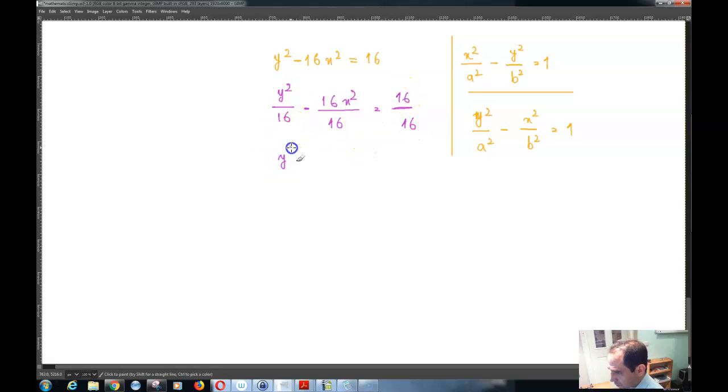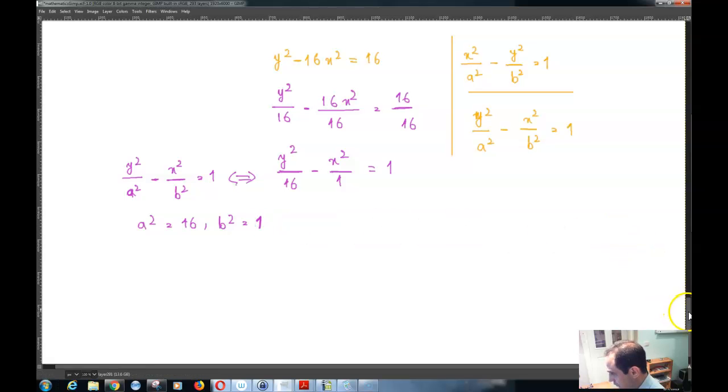So this is y squared over 16 minus x squared, which you can write as x squared over 1, is equal to 1. So you can compare this equation to the second form, y squared over a squared minus x squared over b squared is equal to 1. And if you compare it, you'll see that a squared is equal to 16 and b squared is equal to 1.